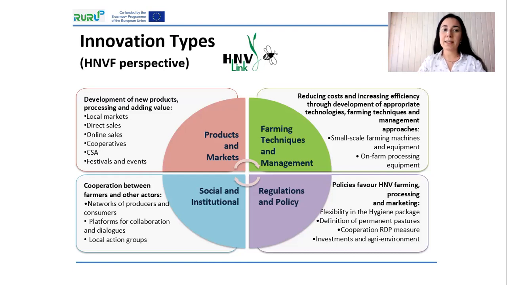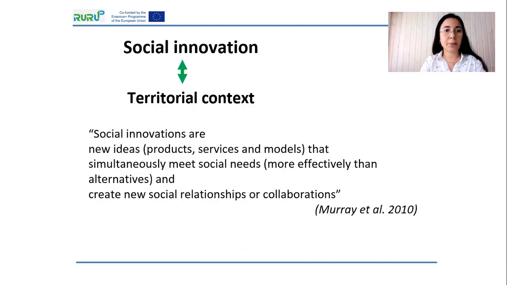You see the examples of the different innovations within each specific type, but you will hear and work more on this specific approach to innovations in module 4. So I will not discuss them here.